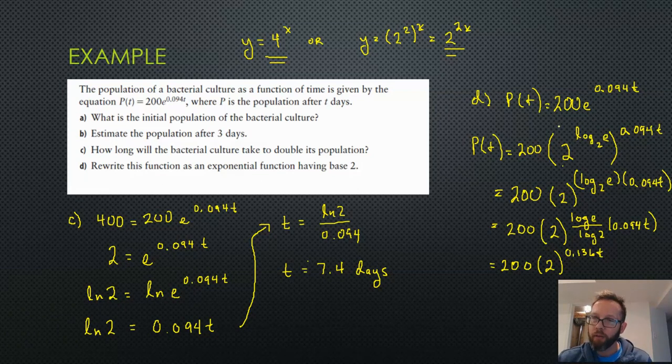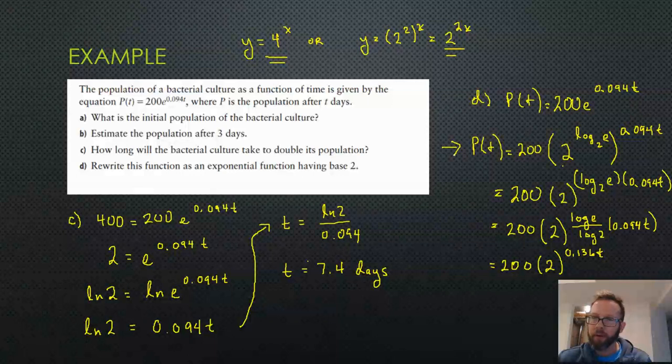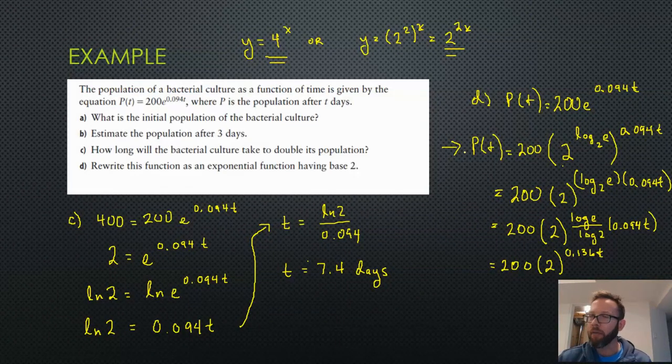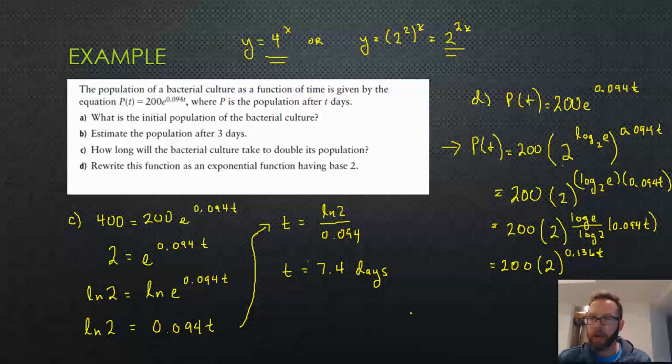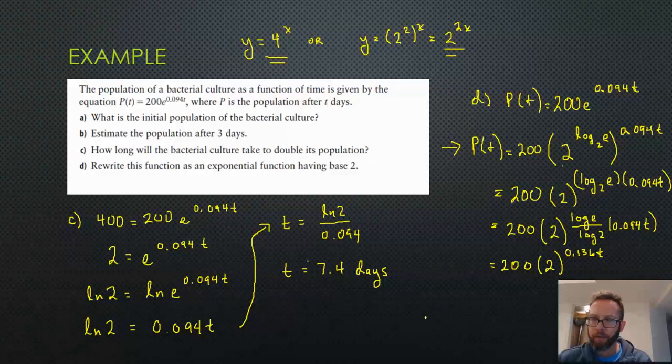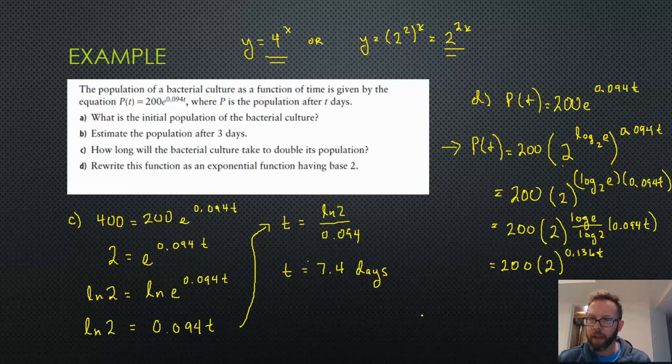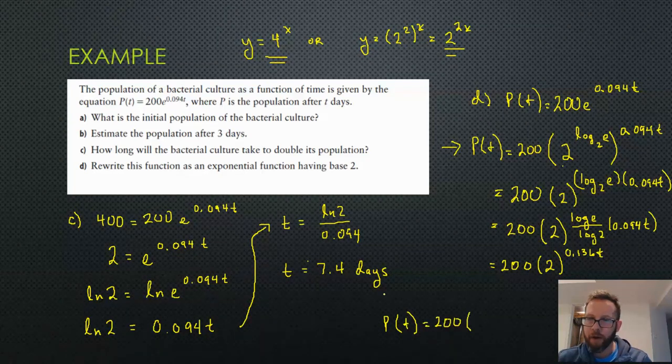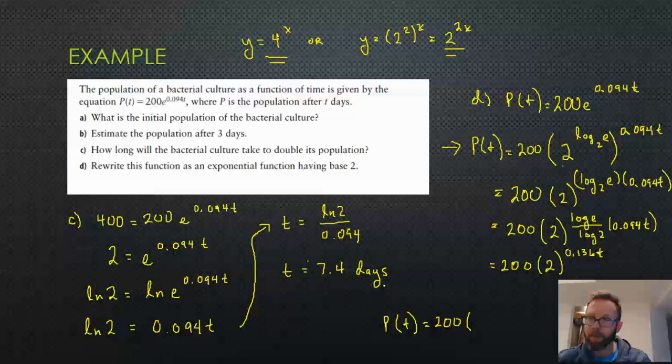And the key was this step right here, writing e as 2 to the power of log base 2 of e. One last thing. You may recall from back when you learned about exponential functions that you can write exponential functions in terms of a doubling time. So our function here has an initial value of 200, and we found earlier that it doubles every 7.4 days.